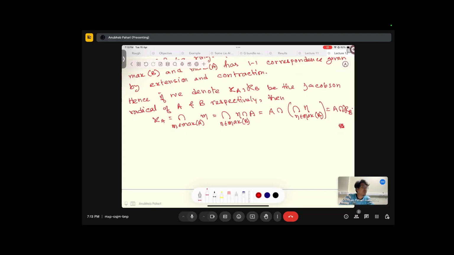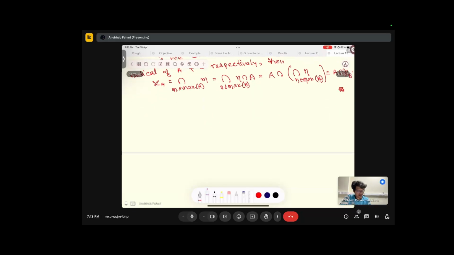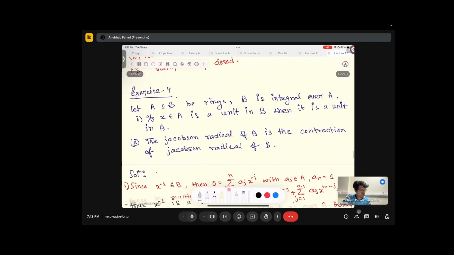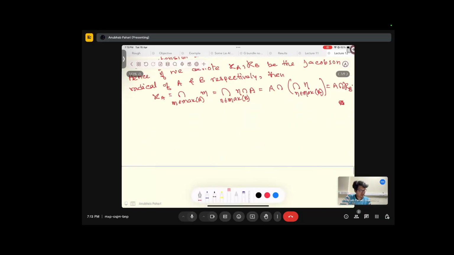Now we will be showing an interesting result that the product of integral algebras are integral algebras. So okay, it should be exercise 5.